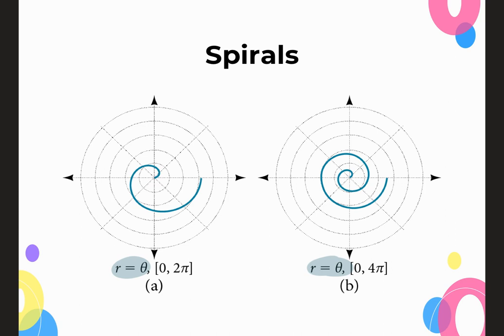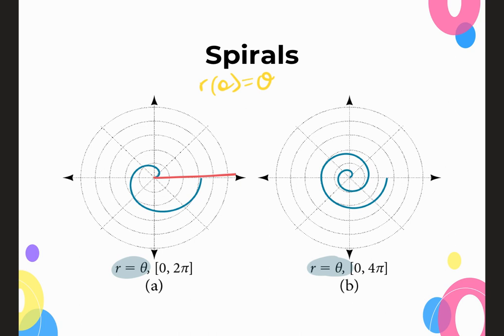And let's think about why it creates a spiral. If my equation is r of theta equals theta itself, then what is r at 0? So if my theta is 0, what is r? r equals 0. That's it, right?